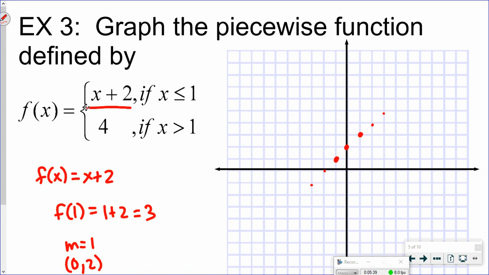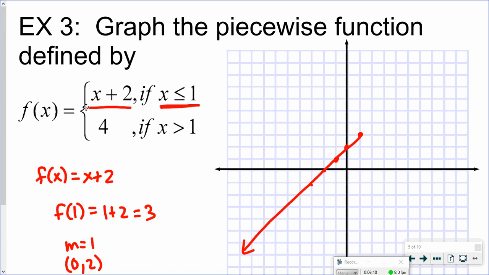But I need to make sure I have the part of my graph that my domain specifies. So x is less than or equal to 1. So where x is 1, f of x is 3. And so then I want less than, which would be to the left. So I want this side, not these, so I erase those.